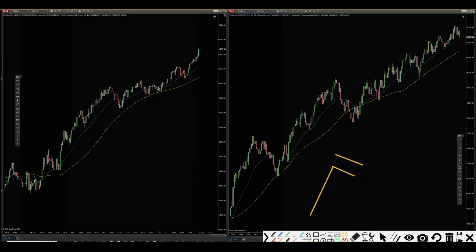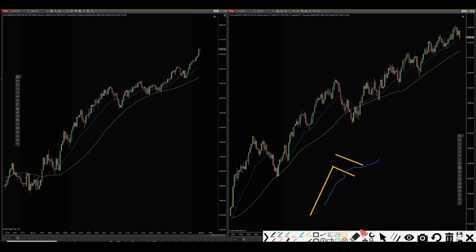Another thing we need to look for is a moving average line. So these are the three things that we need to look for. We need to look for momentum, a push, an initial move, and then we need to look for a structure where the price is pulling back to a moving average line.